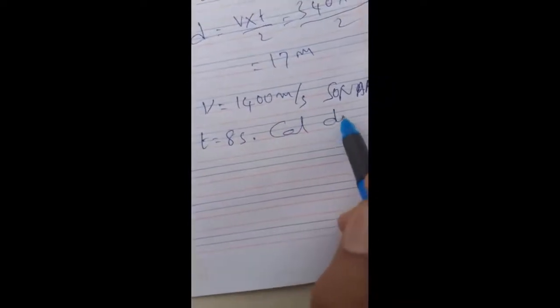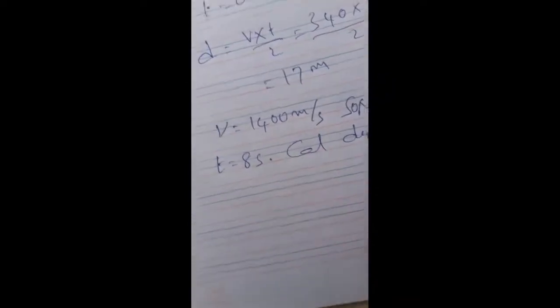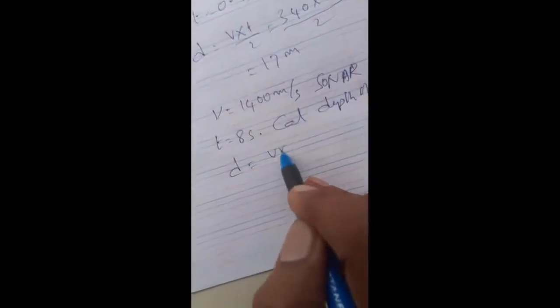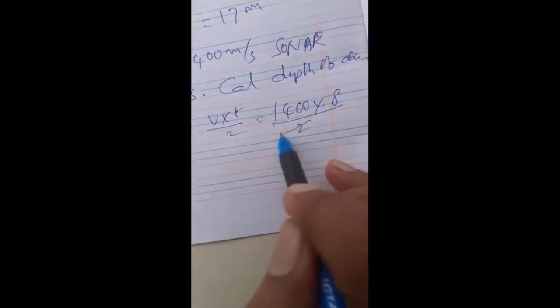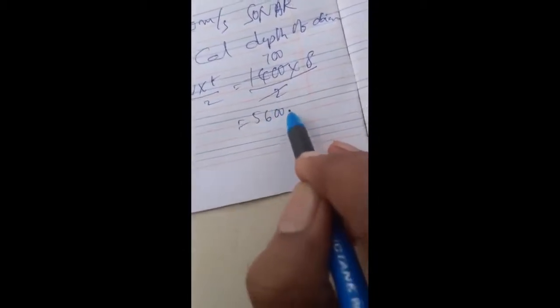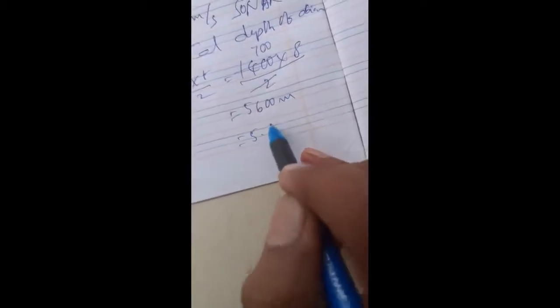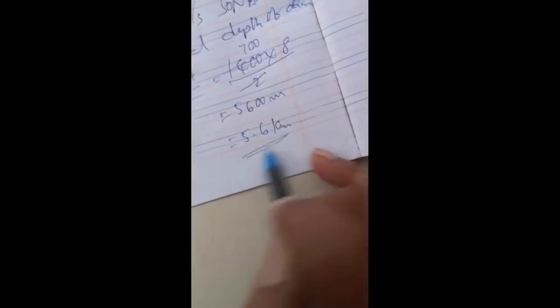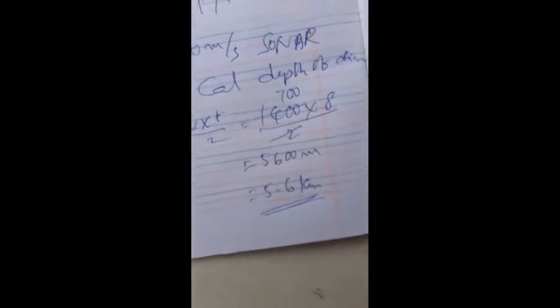Calculate the depth of the ocean. So D is equal to Vt by 2. 1400 into 8 by 2, so this is 700 into 8, that is 5600 meters, then 5.6 kilometers. The depth of the ocean is 5.6 kilometers.